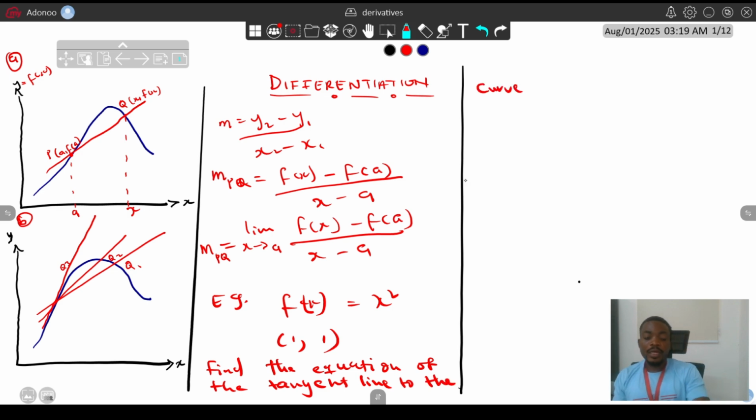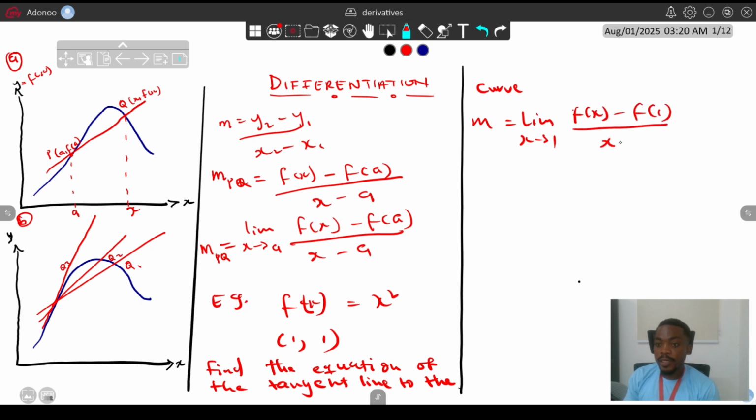All right, so now we've been given a point on the curve, right? So we can simply pick any point in the neighborhood, okay? And so we can have the gradient being equal to the limit as x approaches 1 of the function f of x minus f of 1 all over x minus 1.